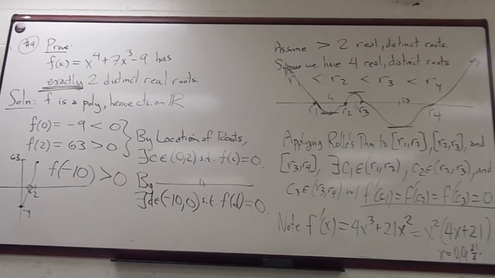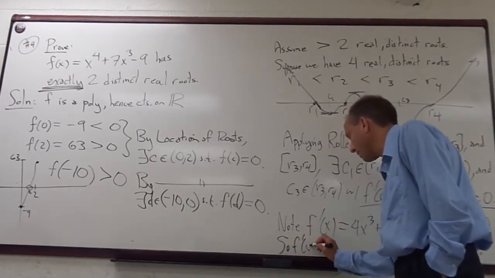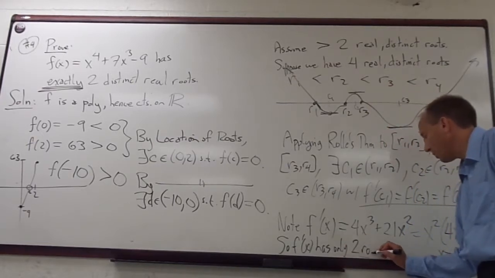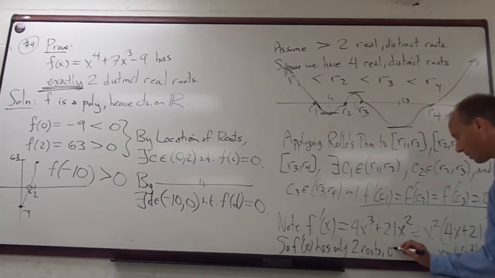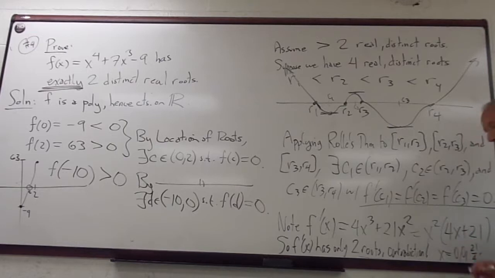Okay? So f prime of x has only 2 roots, and that, of course, is a contradiction. The derivative has only 2 roots.